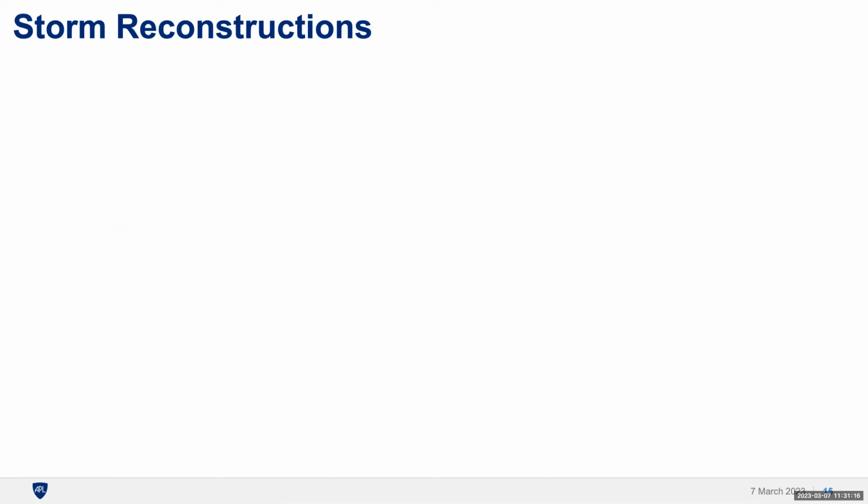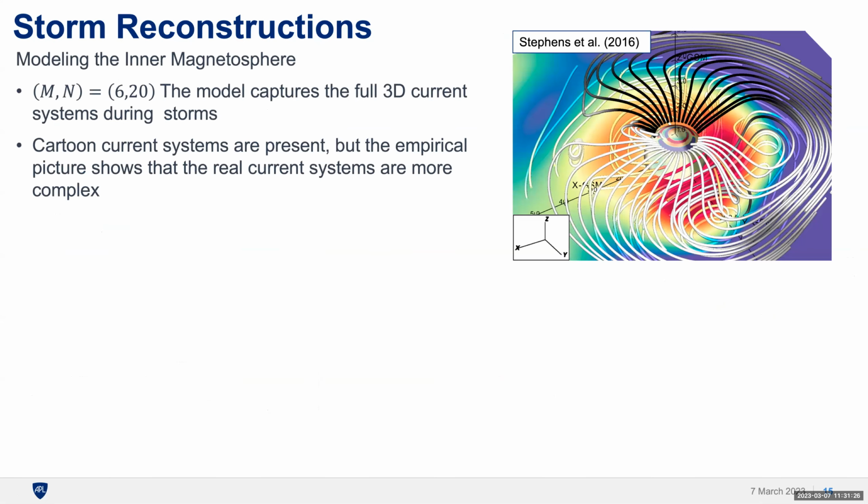So now I'm going to jump into the science results of these empirical reconstructions. So first we tackled storms. In modeling the inner magnetosphere, we had to pick a specific resolution for our equatorial current system that captured the dynamics in the ring current system in the inner magnetosphere.